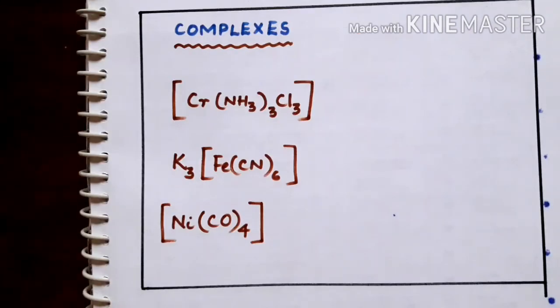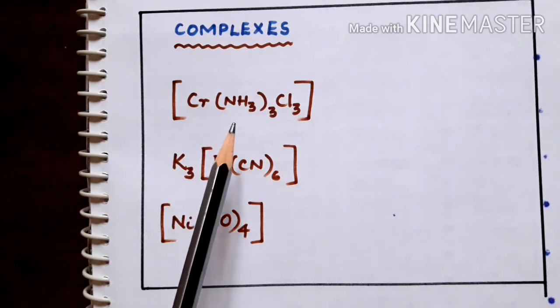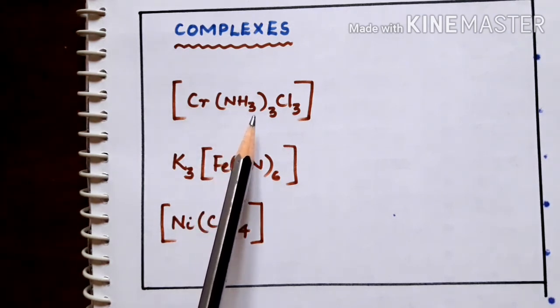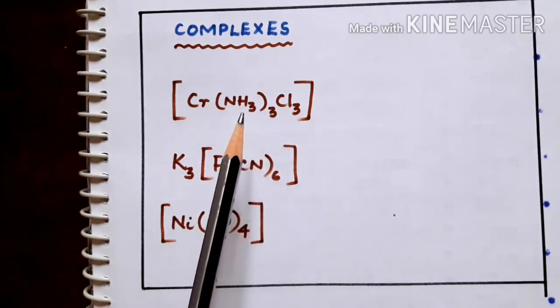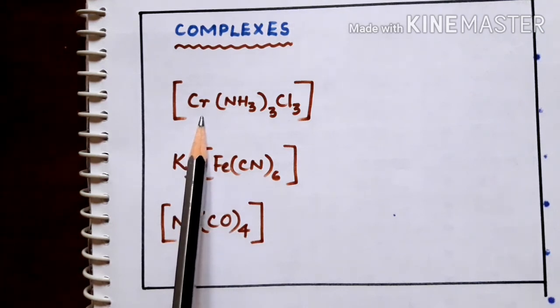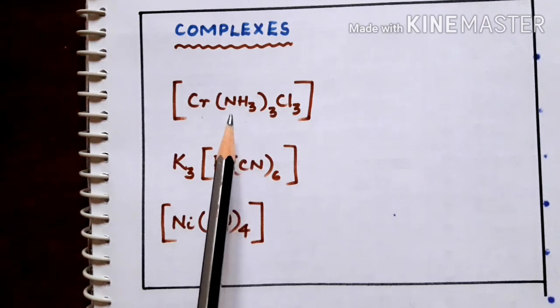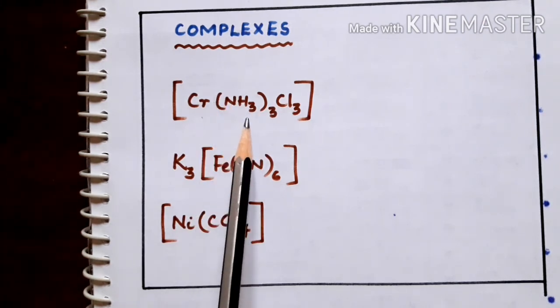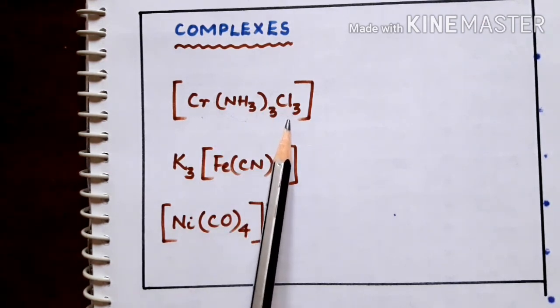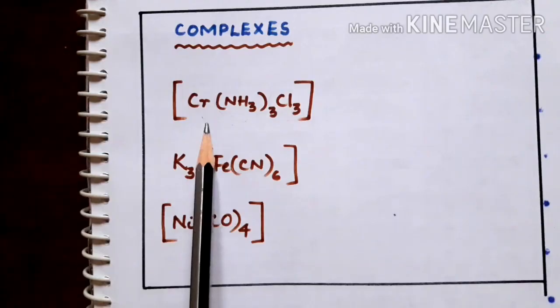D block elements are also found to form complexes or coordination compounds. Here small atoms or molecules which are either neutral or charged will coordinate with the metal atom, which is a D block element. So here ligands like ammonia or chlorine get attached to the atom through coordinate bonds.